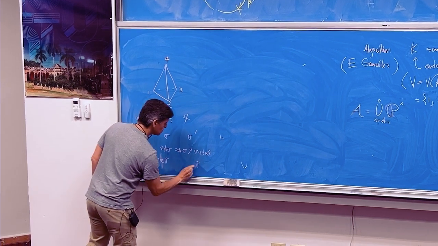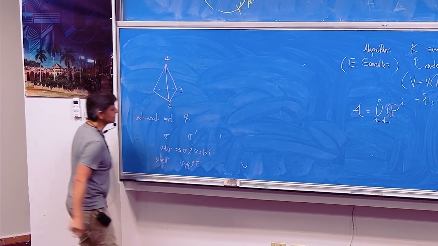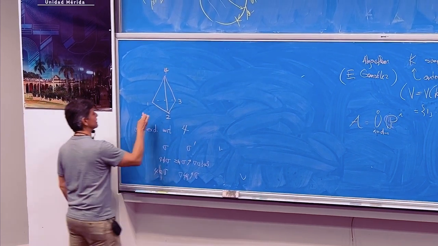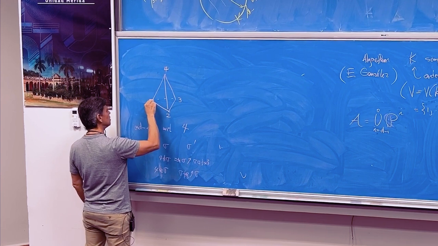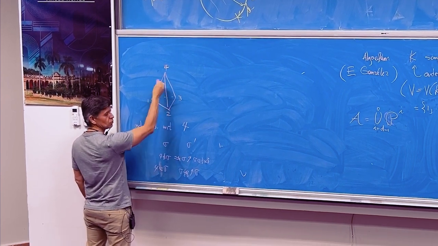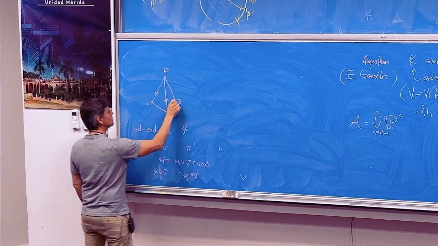So sigma is going to be paired with sigma minus 4. This is standard. For instance, what do you do to the zero-dimensional cells? You pair 1 to 1, 4, because you are putting it in there. 2 to 2, 4, and so on.